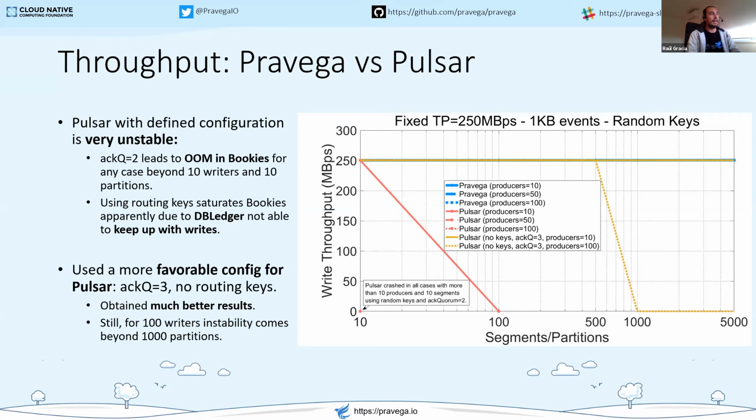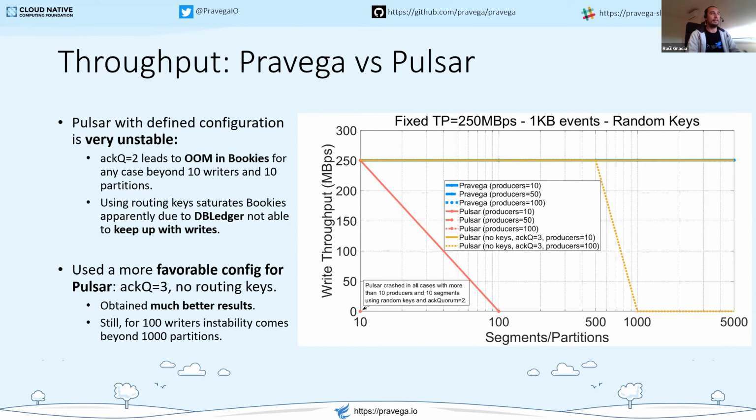The other thing is that using routing keys, we observed also very often problems between bookies and Pulsar brokers. Basically, what we observed is an operation rejected error, right?